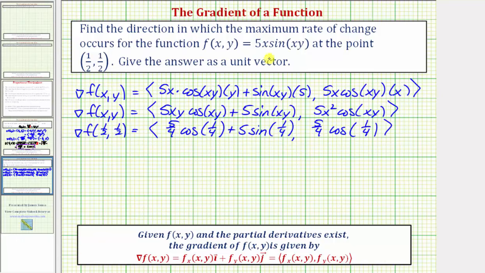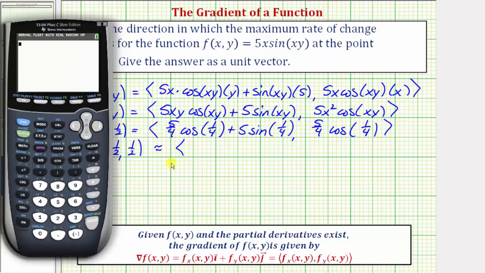But we're asked to give the unit vector in the same direction. Before we do this though, let's get decimal approximations for the x and y components. So we want to first make sure we're in radian mode. So we'll press the mode key. Notice how we are in radian mode, so we'll go back to the home screen by pressing second mode.